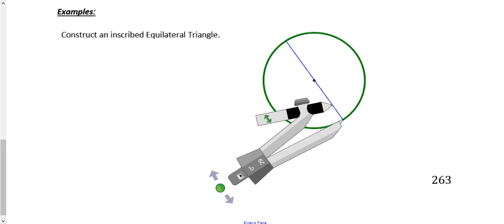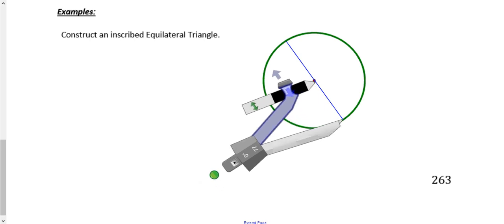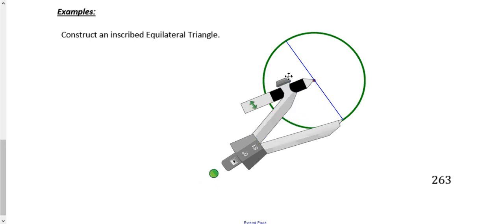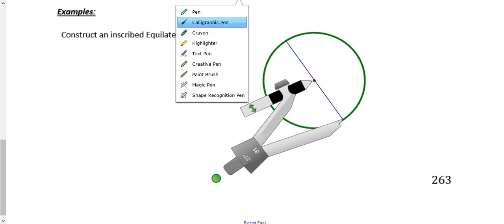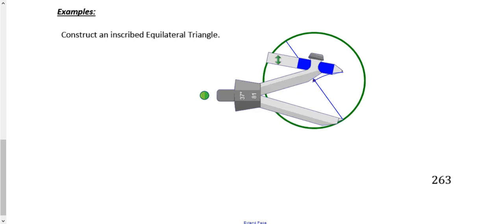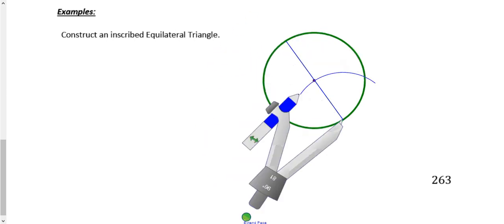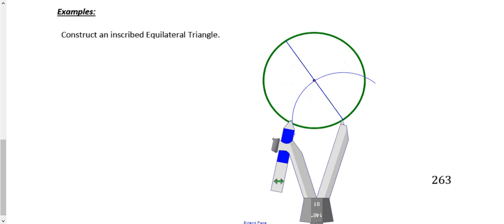We're just measuring the radius, aren't we? Like that? So I don't need to make that full circle, right? You can if you want, whatever.